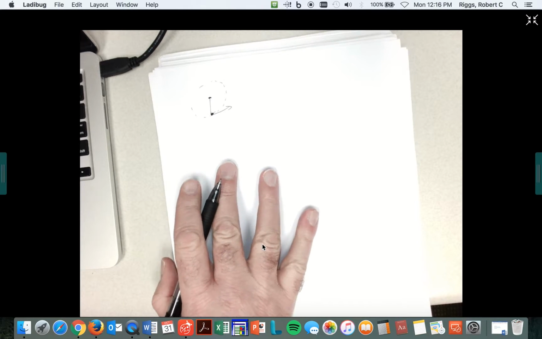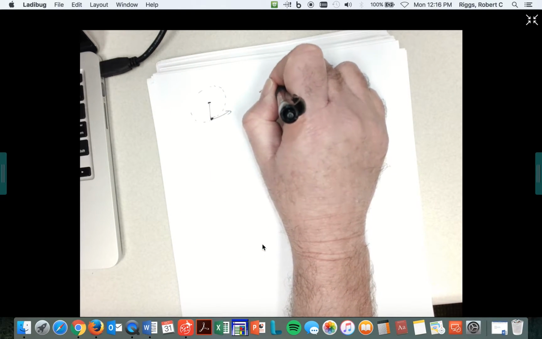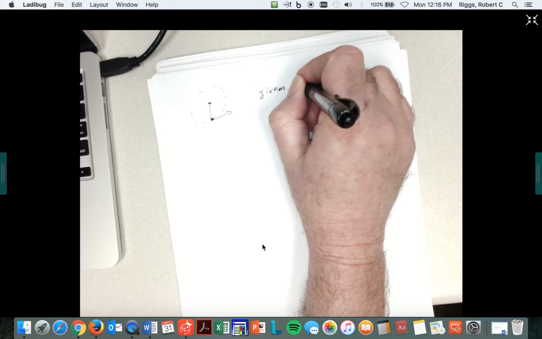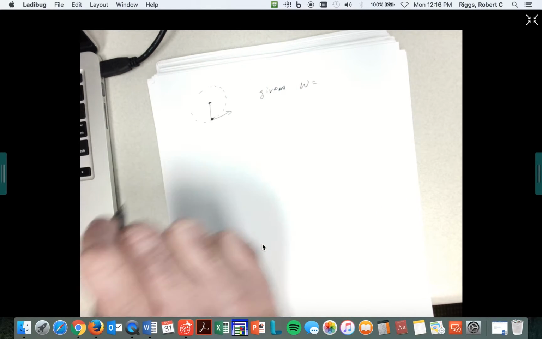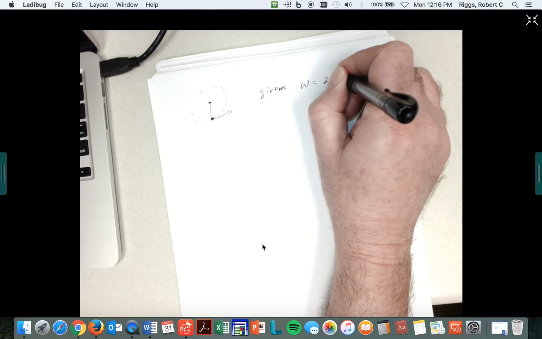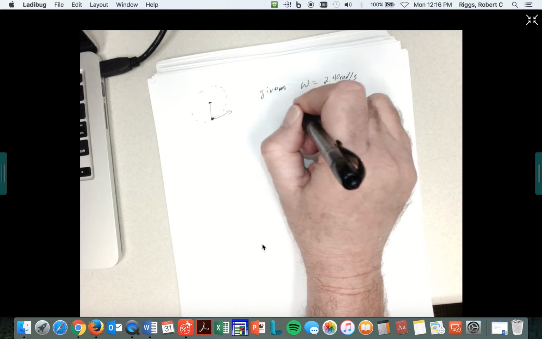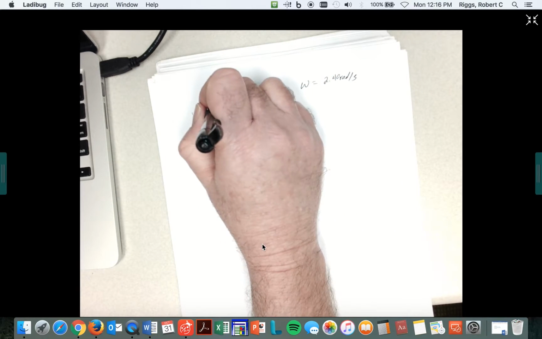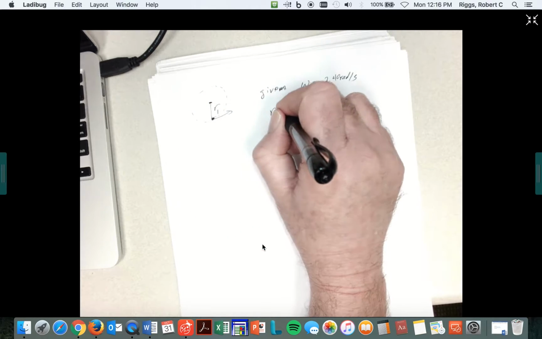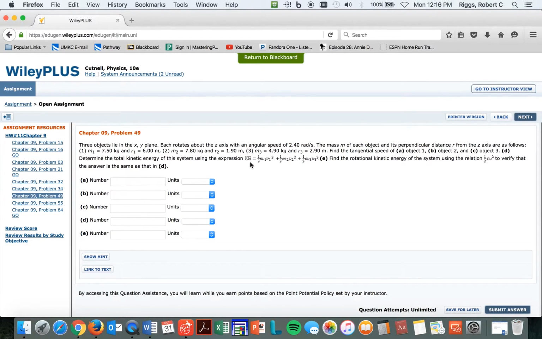If you're given omega, let's say it's 2.4 radians per second, like I just saw, and you're given the radius r. Let's say r1. In fact, I can flip back real quick and find out what r1 is.